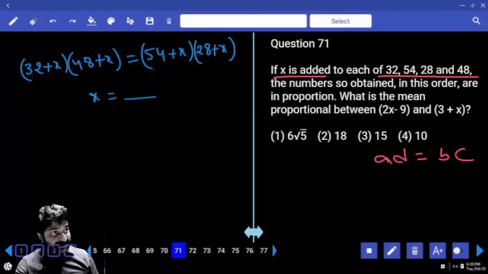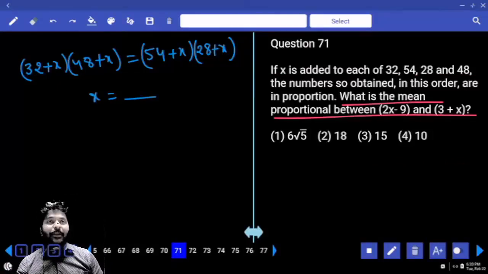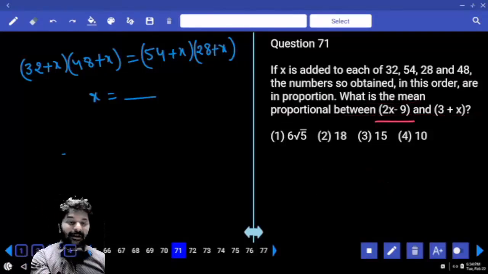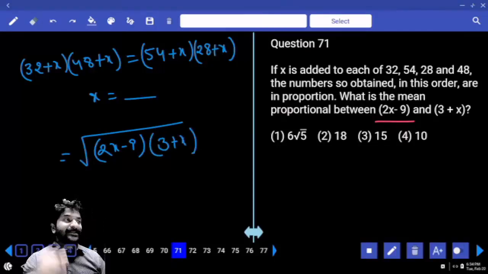You are not done with the answer. Still we were asked to calculate the mean proportion. What do you mean by mean proportion? Under root of BC. Under root of 2x minus 9 and 3 plus x.